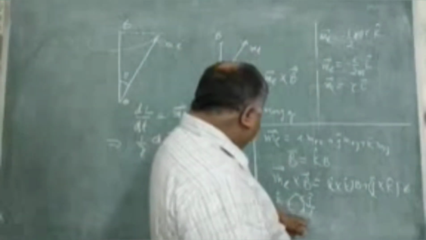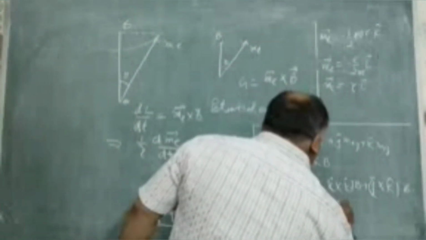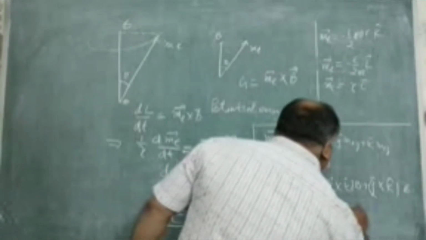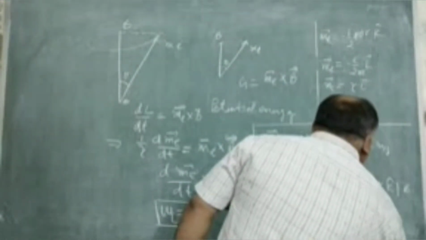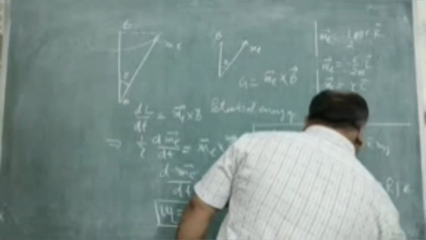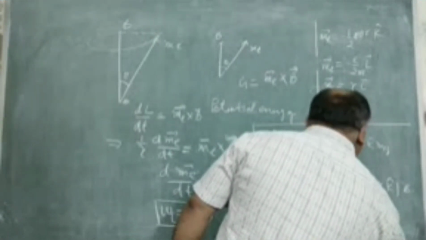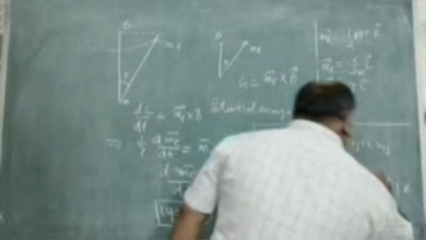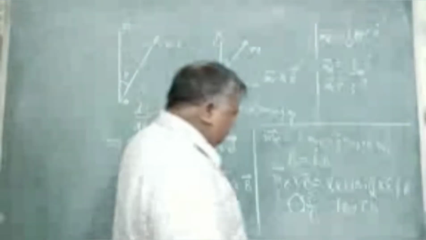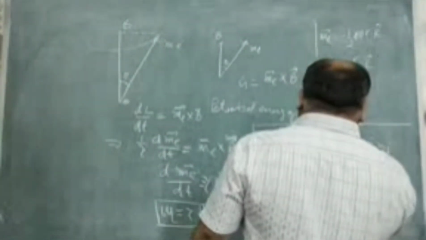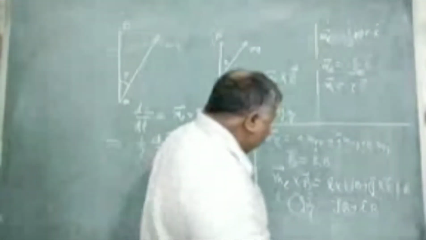Obviously, i cross k is equal to minus j cap, and j cross k is equal to i cap.